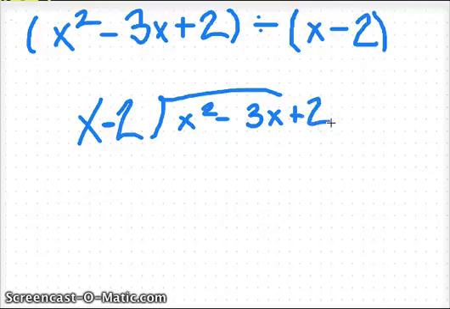Okay, so just like in long division, you're going to divide this.